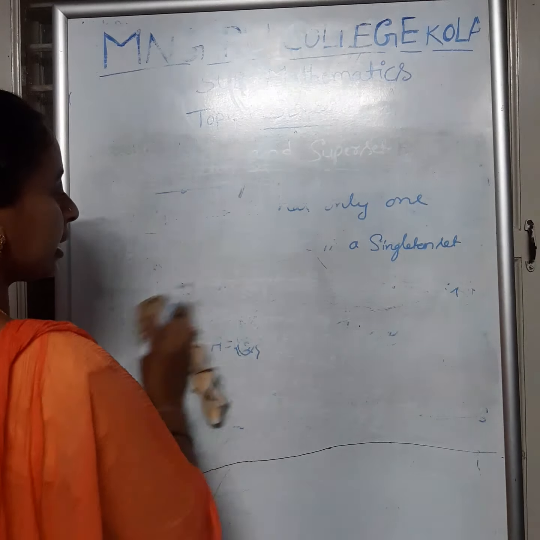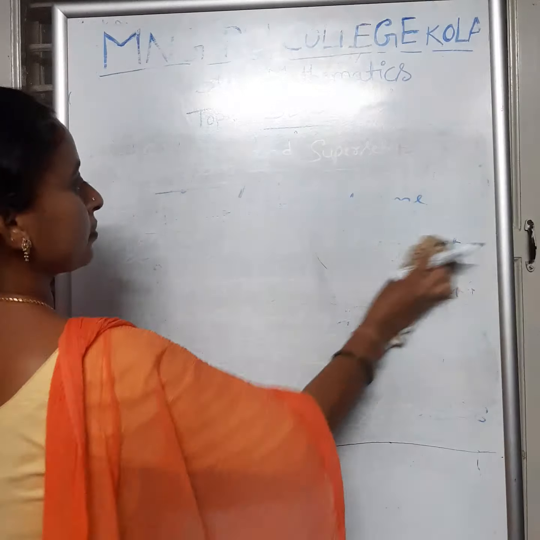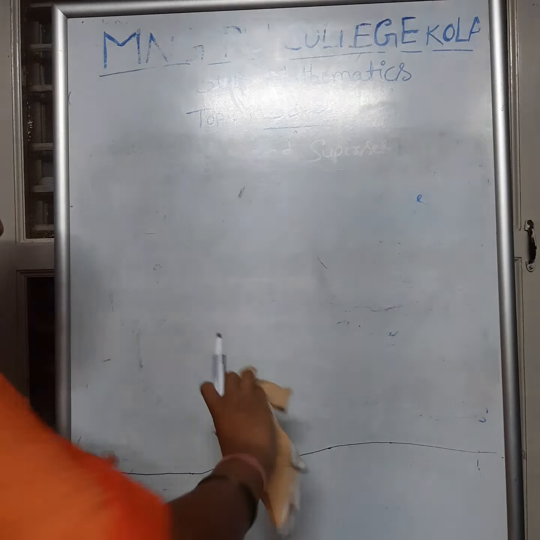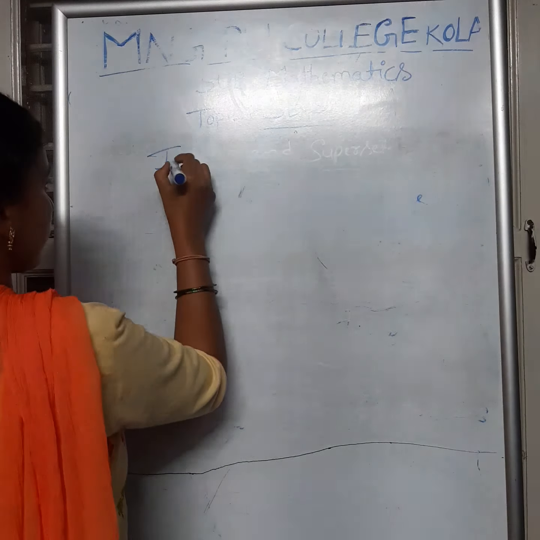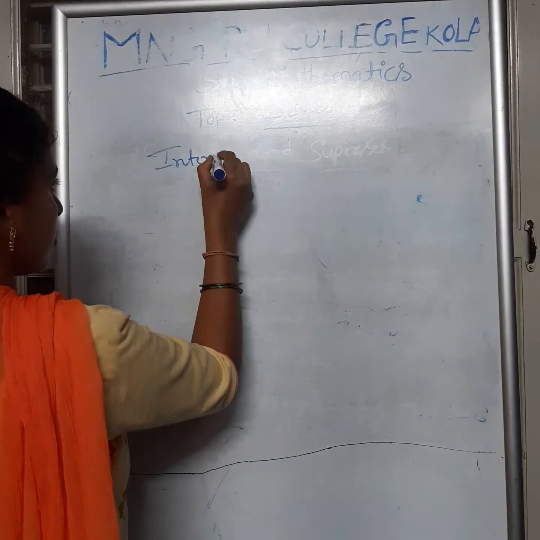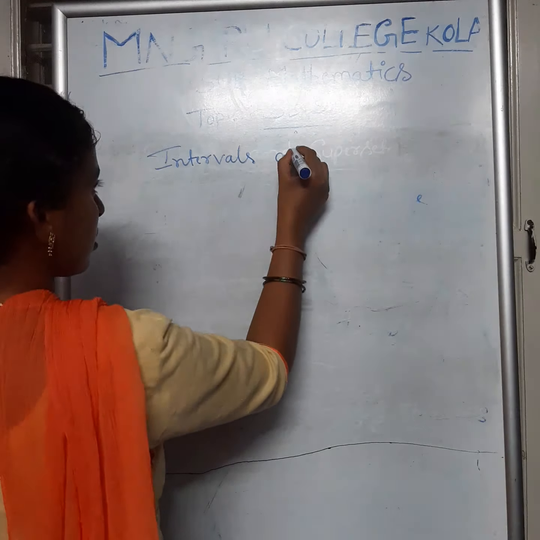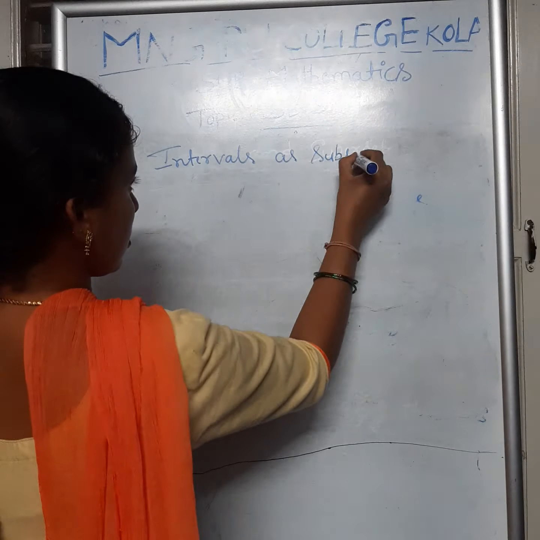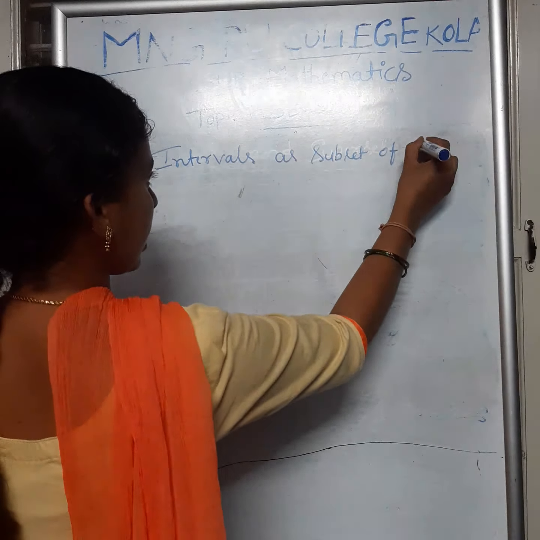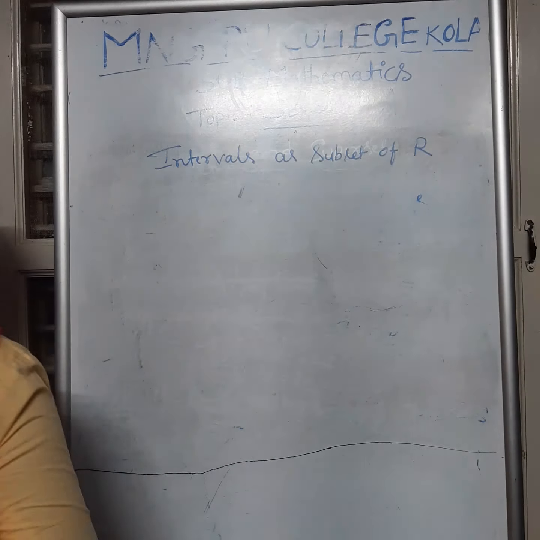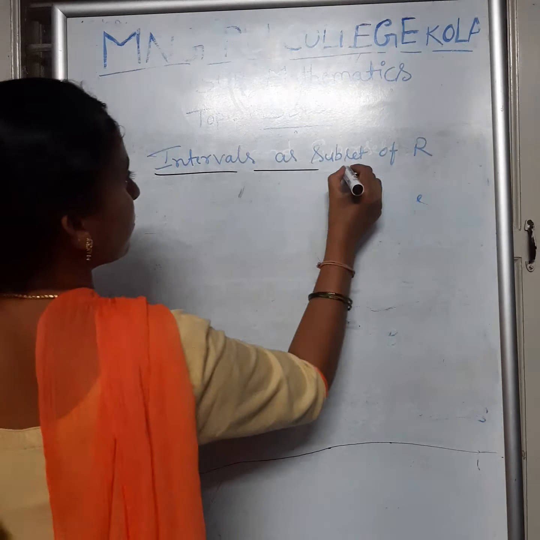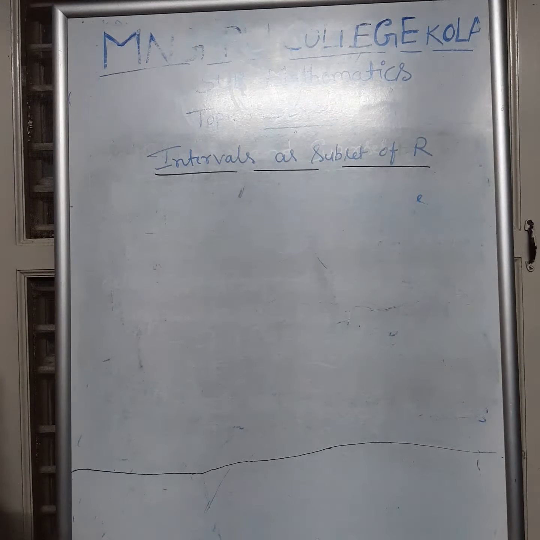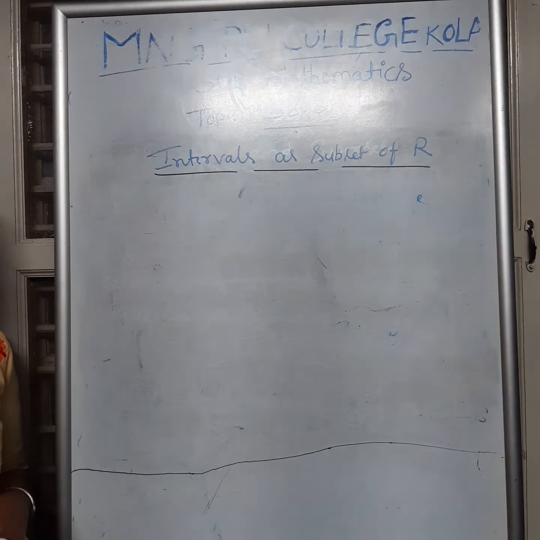Next is intervals. The next heading is intervals as subsets of the real numbers R. So here we consider two types of intervals.